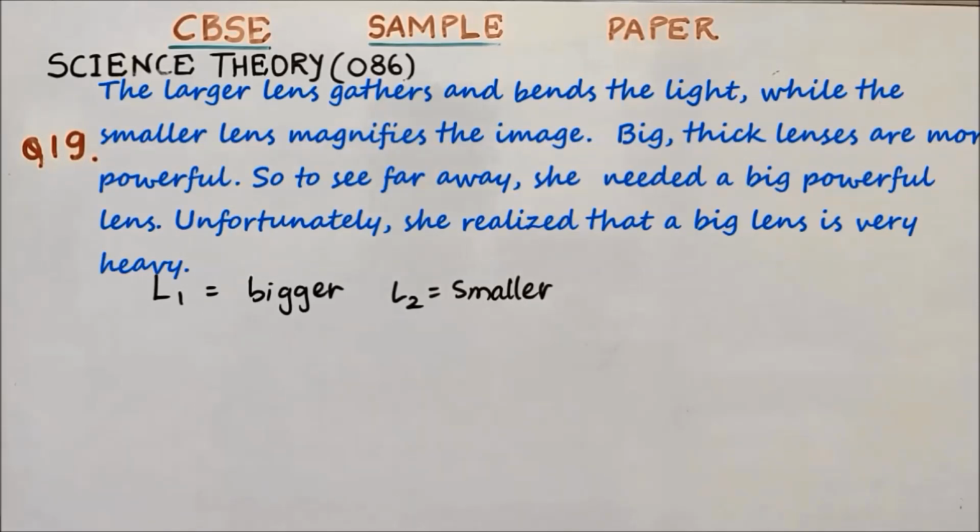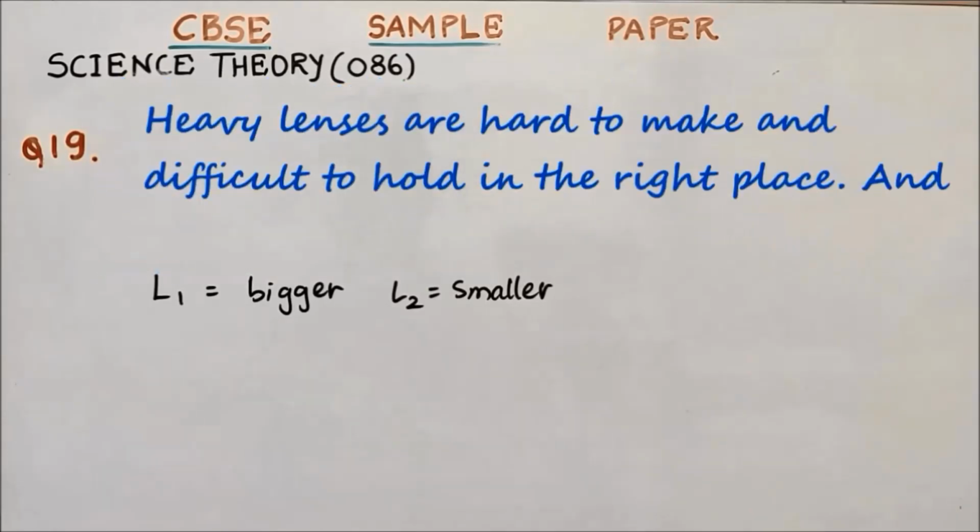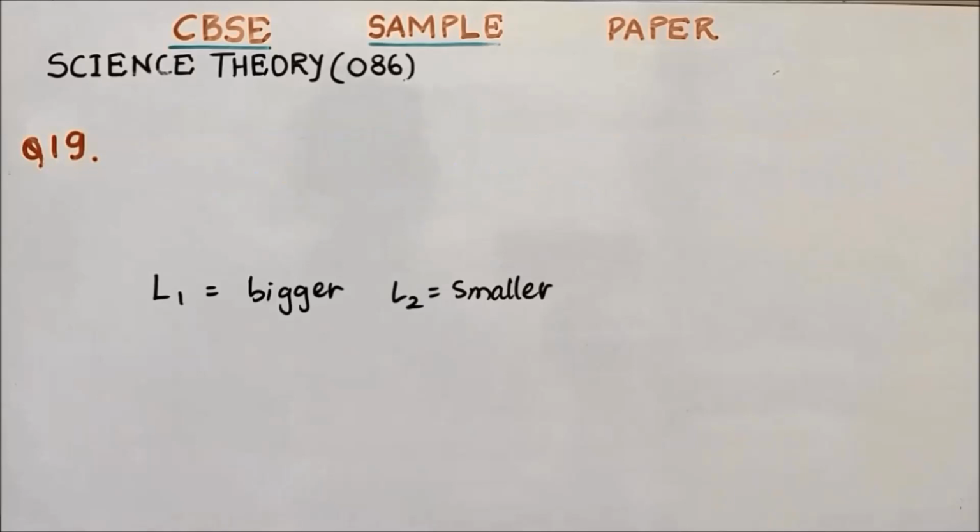Big, thick lenses are more powerful. So to see far away, she needs a big, powerful lens. Unfortunately, she realized that a big lens is very heavy. So lenses are hard to make and difficult to hold in the right place. The heavier the lens, the more difficult it is to hold or place it correctly, and even manufacturing them is difficult.